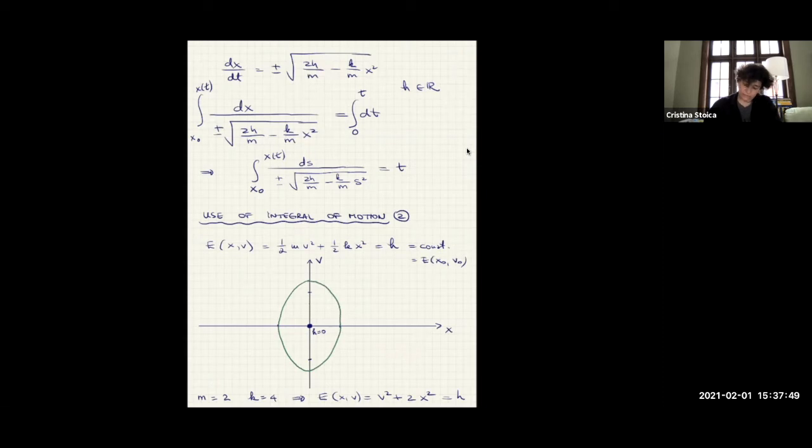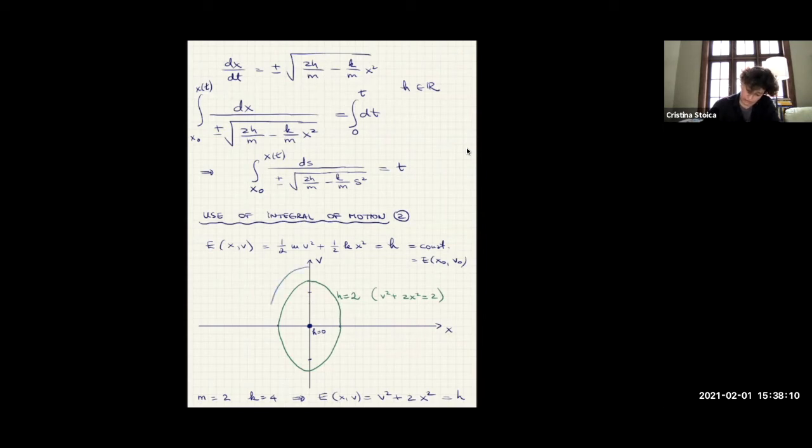There you go. So this is h equals 2, in other words v squared plus 2x squared equals 2. That green one, okay?